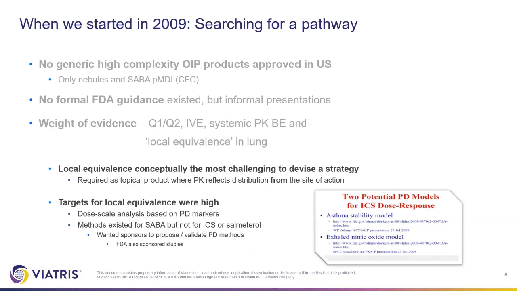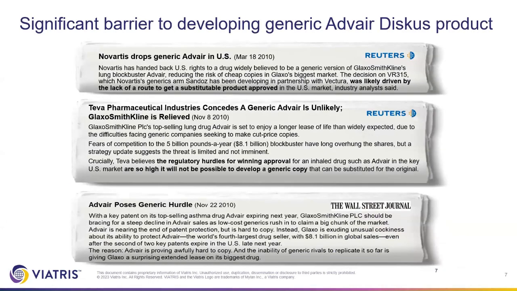I just pulled out there the asthma stability model with Richard Ahrens in Iowa, looking at exhaled nitric oxide as potential pharmacodynamic markers, which were being examined around dose response of inhaled corticosteroids at the time. However, the lack of a defined pathway to registration meant that some large generics players decided this just wasn't an area which they could participate in.